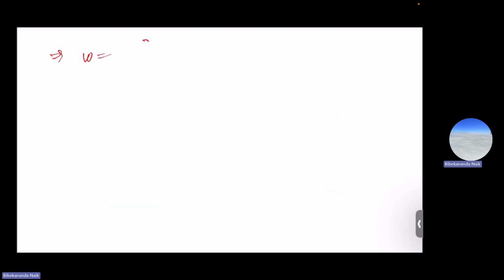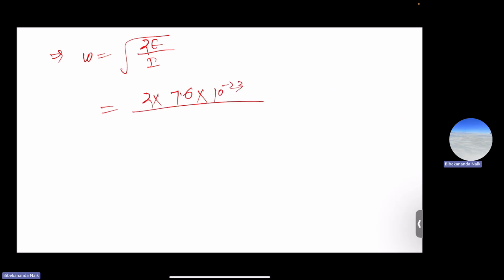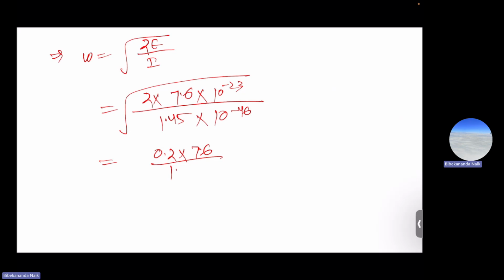So omega will be root over 2E by I, so root over 2 into 7.6 into 10 to the power minus 23 divided by I, which is given as 1.45 into 10 to the power minus 46. It is root over 2 into 7.6 divided by 1.45 into 10 to the power 24.